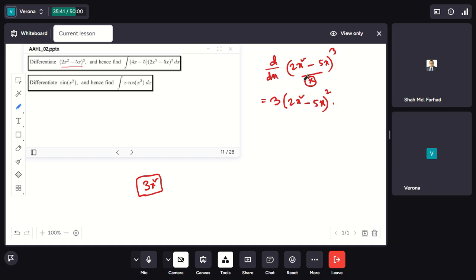Then we have to differentiate the inside again.